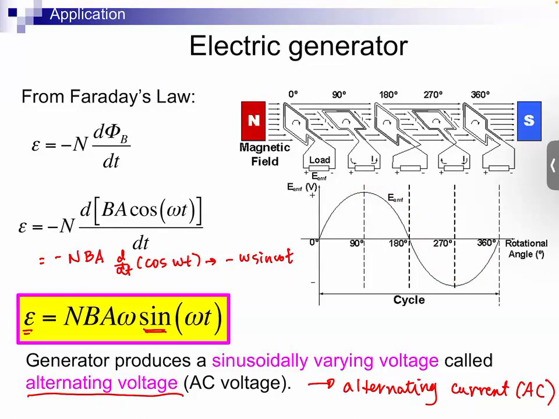So we can see here that AC voltage and AC current are a consequence of electromagnetic induction. You have a changing magnetic flux through the coil, which generates an alternating voltage according to Faraday's law, which therefore generates an alternating current.